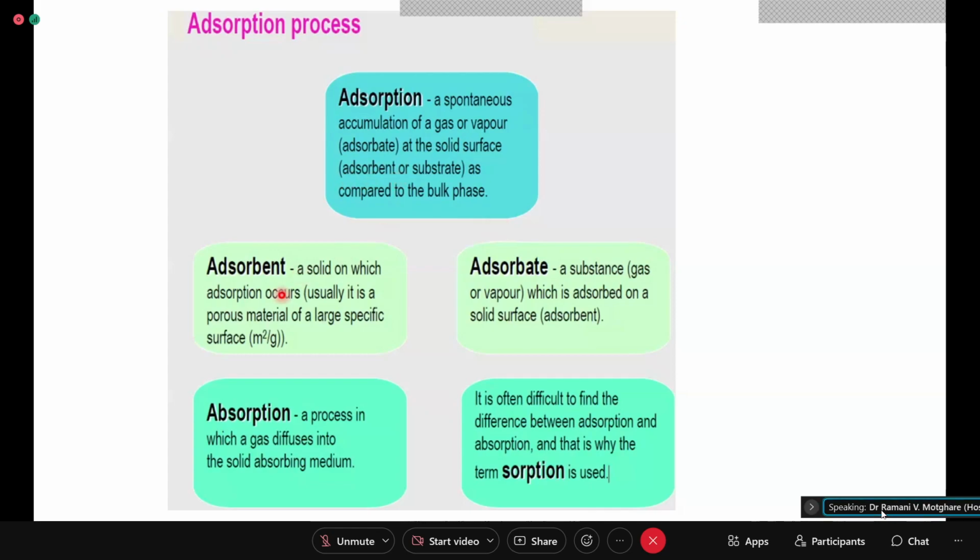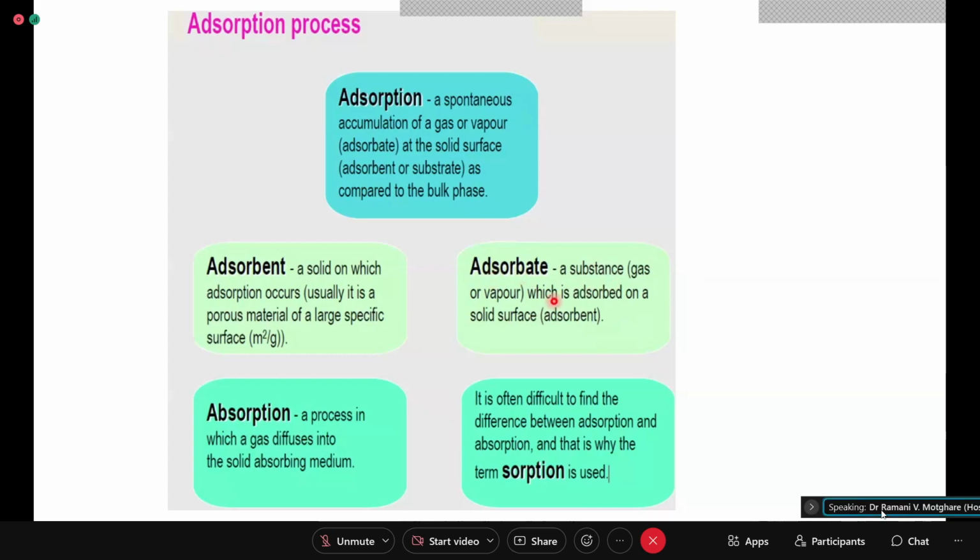So the adsorbent is a solid on which adsorption occurs. Usually it is a porous material of a large specific surface. And the adsorbate is, as I told you, the adsorbent is always the substance on which adsorption takes place.